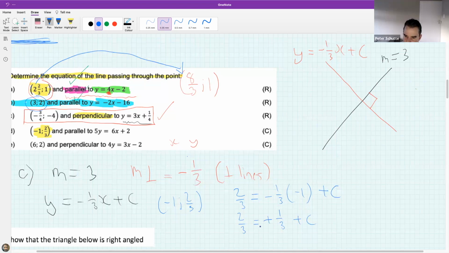Let me slow this down and make sure everyone's following, because I think I might be going a little bit quick. This is x, this is y. So that's why this 2/3 is here. And the minus 1 goes where the x should be. We already have the gradient, and a negative times a negative is a positive.